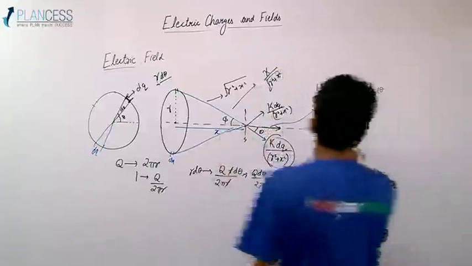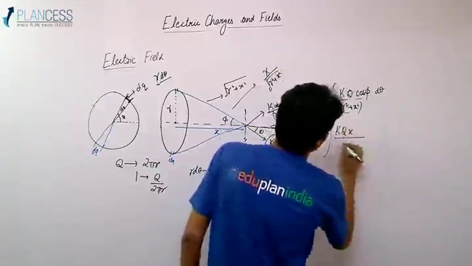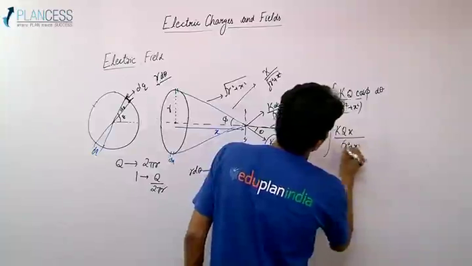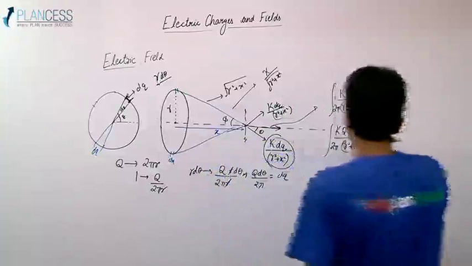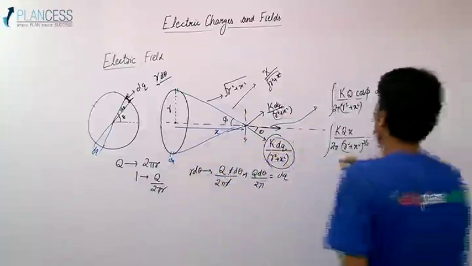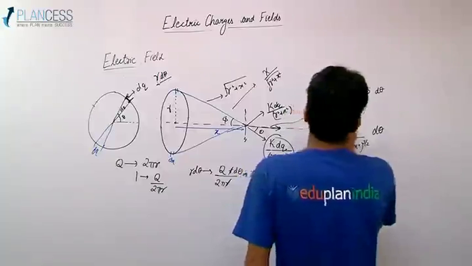So if I substitute these values here, it would come out to be k q x upon (r square plus x square) whole to the power 3 by 2, divided by 2 pi and into d theta, where theta is integrated from 0 to 2 pi.